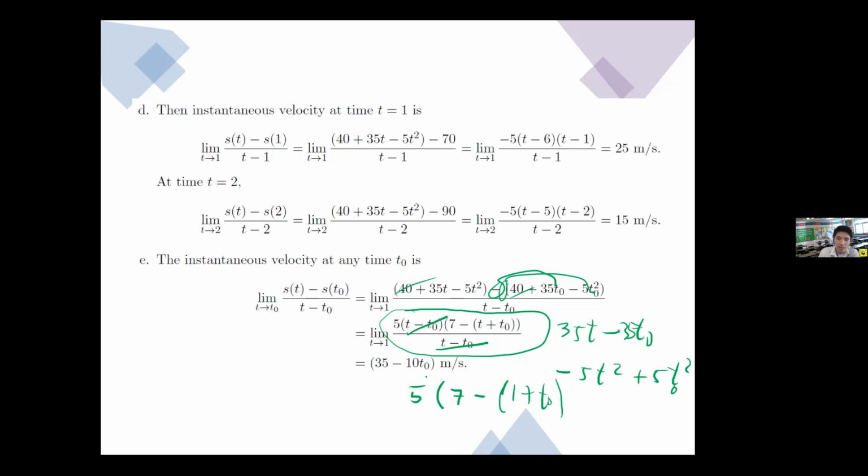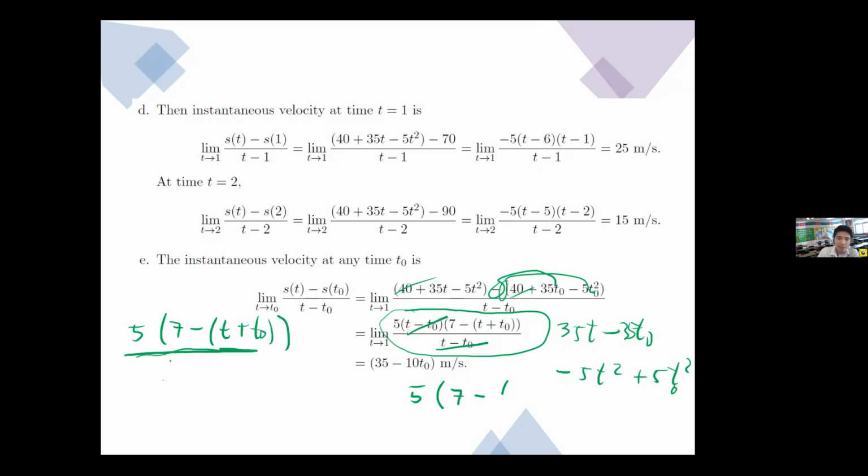So this time, we have 35, nganong na 10 eh? So dapat actually ani ang nabilin 5 times 7 minus the quantity of t plus t sub 0. Wala na sa baba diay.